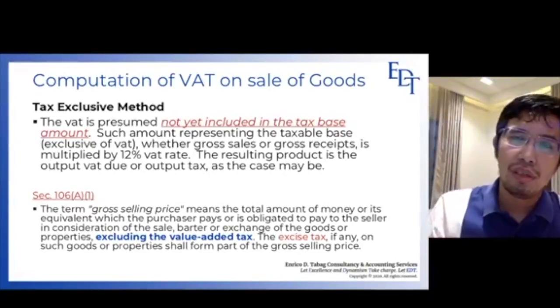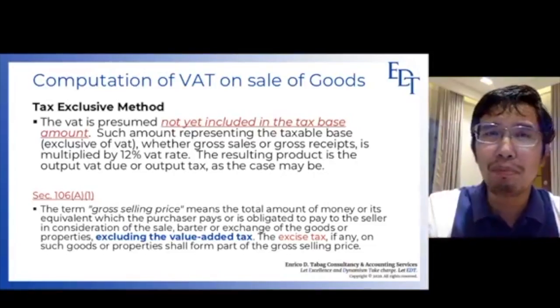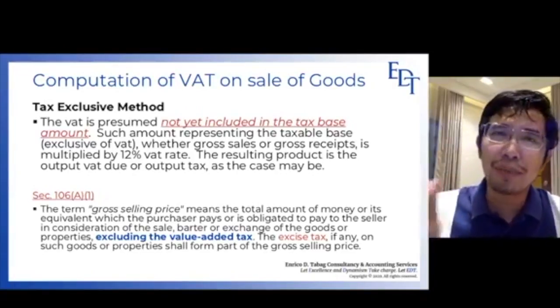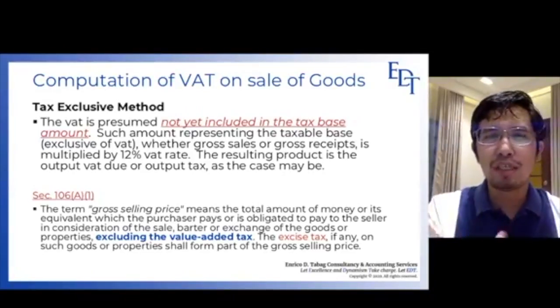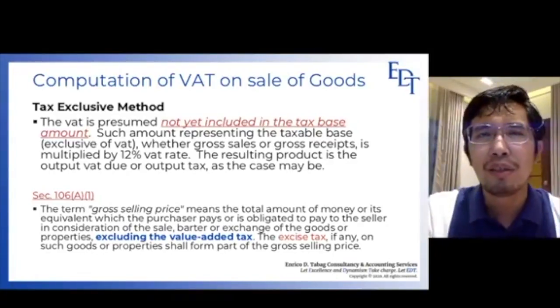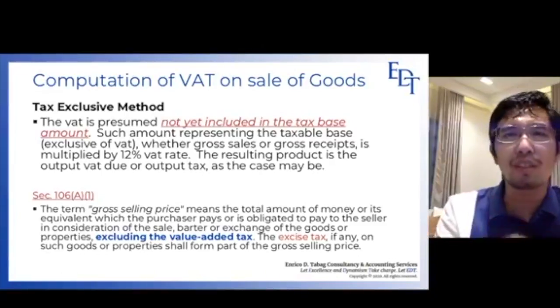Oh, yung 12% i-multiply mo sa 100. Wag mo munang patungan ng 12%, then mag-multiply ka ng 12%. No. The 12% shall be computed based on the selling price plus excise tax if applicable without adding first the value added tax. So, we exclude the VAT.